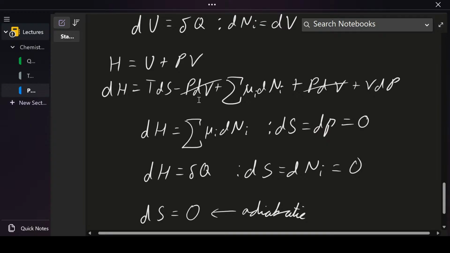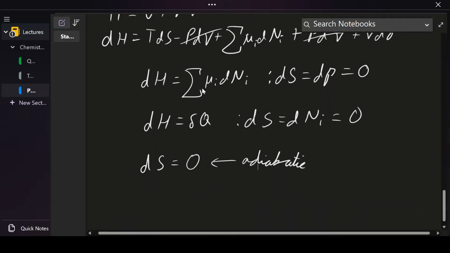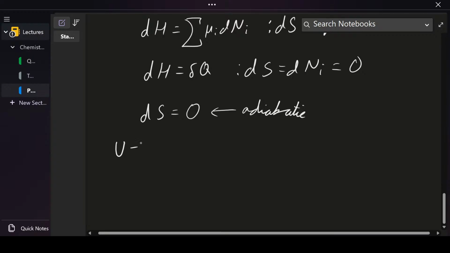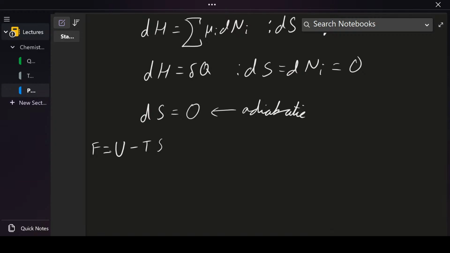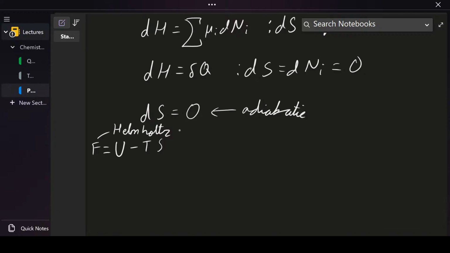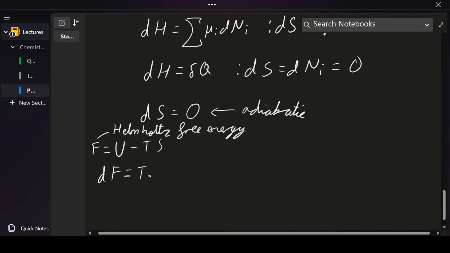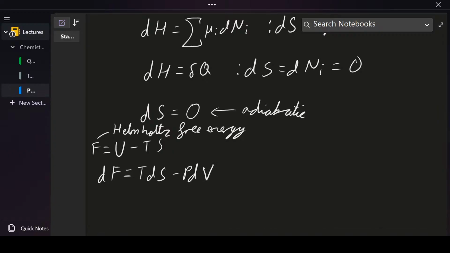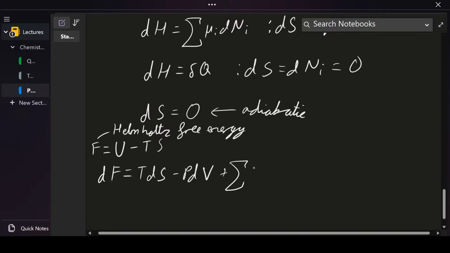And so instead of keeping entropy constant, we can do a similar thing to when we defined the enthalpy, and we can take U minus TS to be equal to F, the Helmholtz free energy. And so again, expanding out, the differential of F is going to give you TdS minus PdV plus all of these.